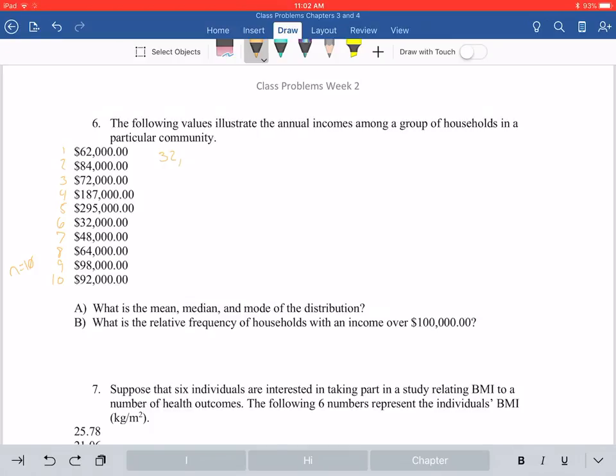We have to understand these are all in units of $1,000. But for writing them out and keeping things organized, we can simplify them here. 48, 62, 64, 72, 84, 92, 98, 187, and 295.